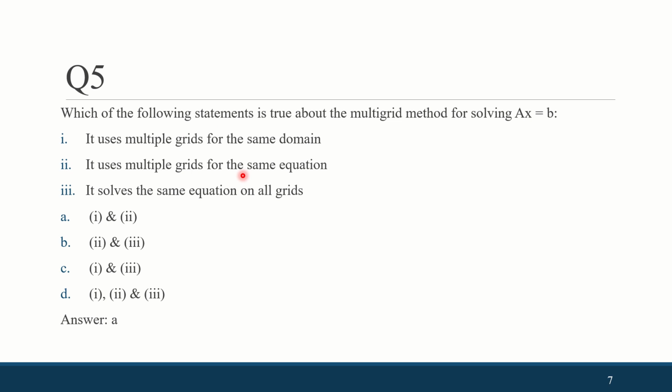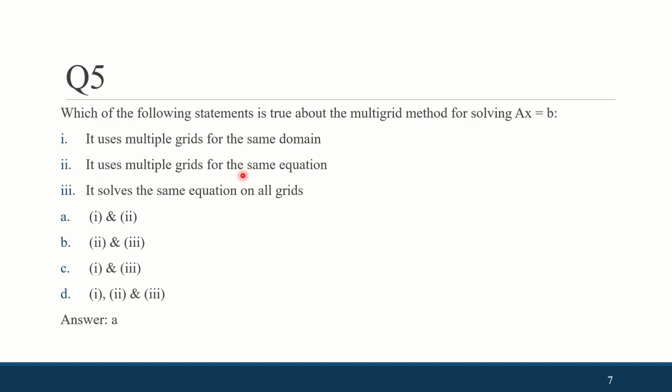Same equations, we use multiple grids. For example, we start with the finer mesh and then move on to coarser mesh, and further move on to the coarsest mesh. Finally we get the reduced error, and this reduced error we put back in the finest grid, and then we solve for it.